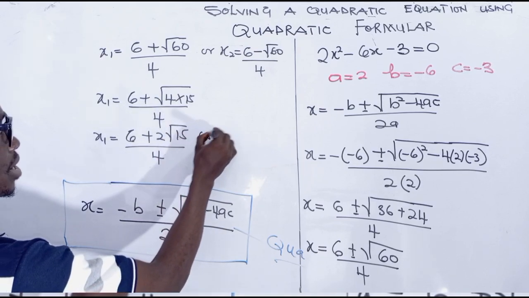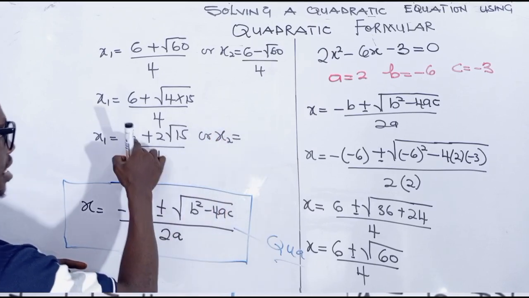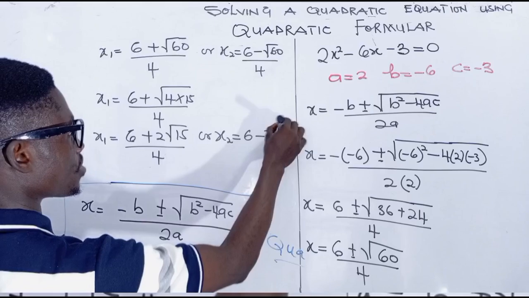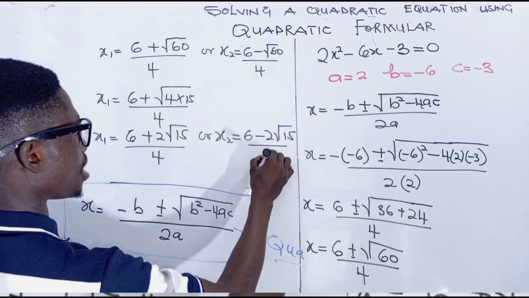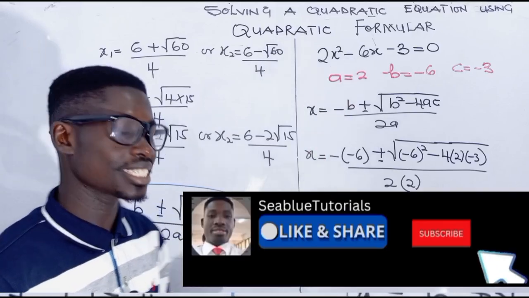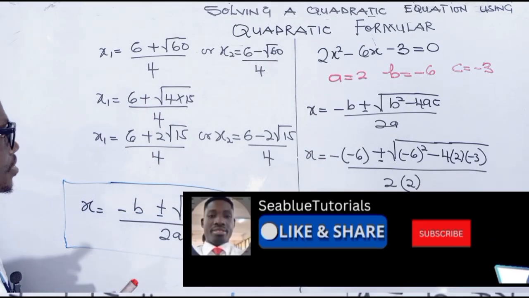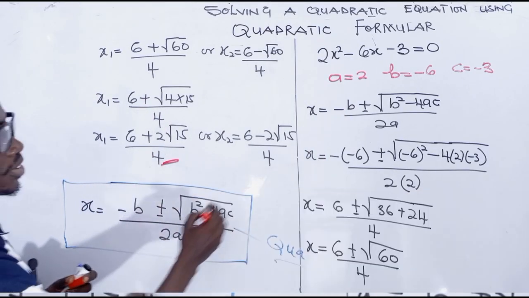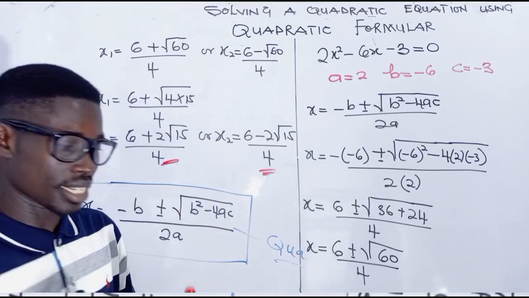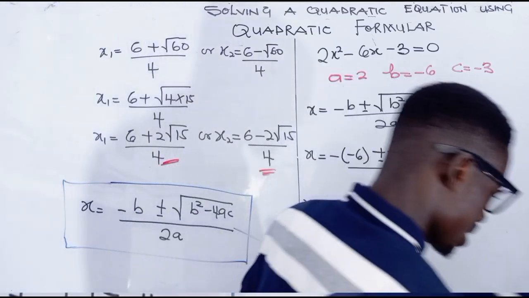Similarly, we are going to have x2 to be 6 minus 2 root of 15 all over 4. So the value for x which satisfies this quadratic equation is either x is equal to this or x is equal to that. Let's look at one more example and then we close for the day.